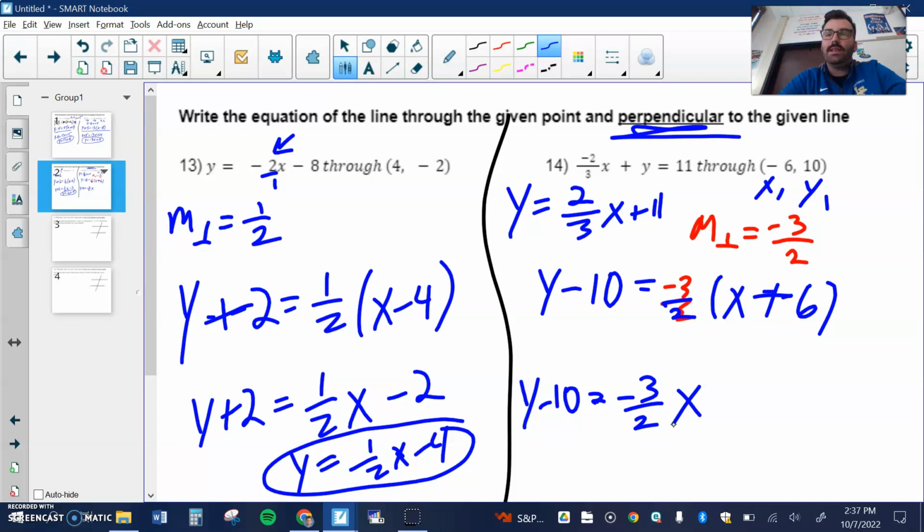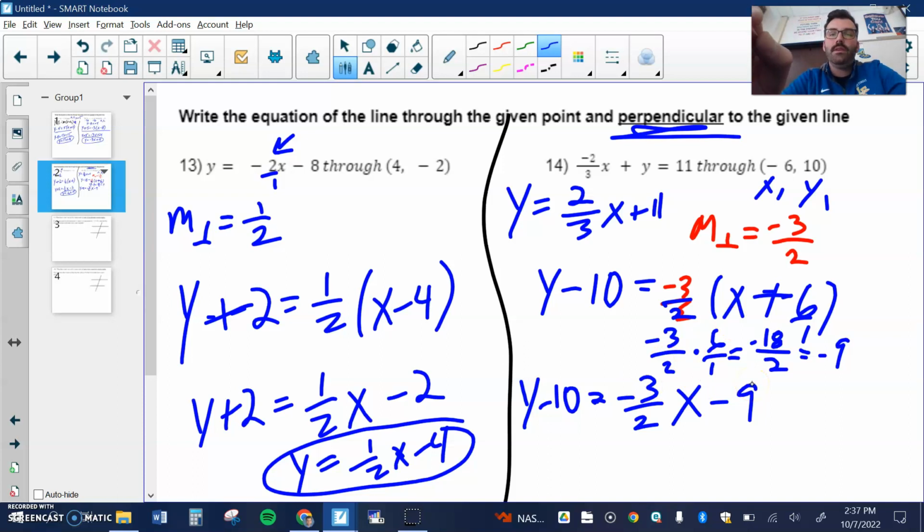So this is like 6 over 1. Negative 3 times 6 gives me negative 18. You can also just plug this in your calculator. I'm just showing this work so you know where it comes from. It's negative 9. Multiply straight across the top, multiply straight across the bottom. So I add the 10 over, y equals negative 3 over 2 x plus 1.